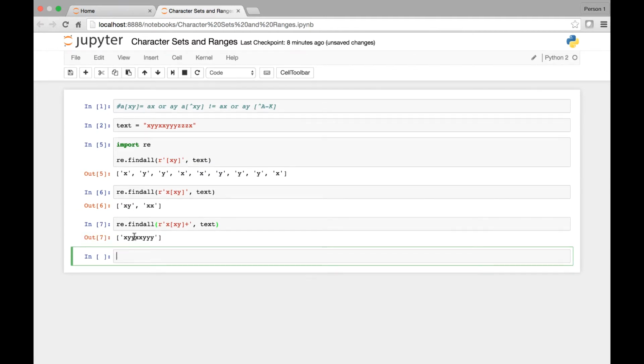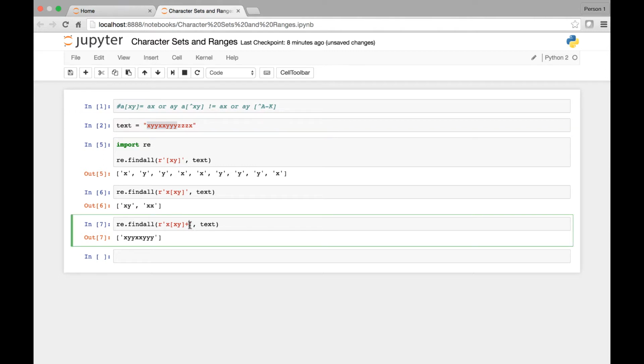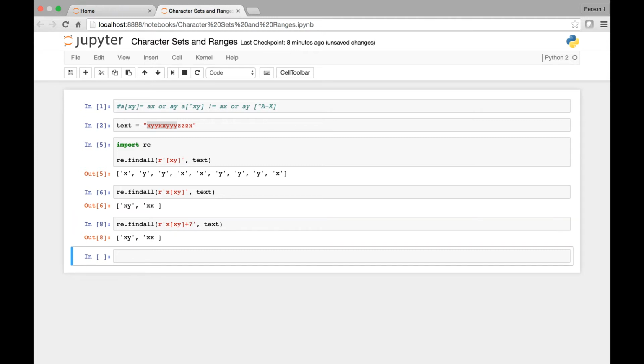So I got X, Y, Y, Y, Y, all of this, right? Since it's X followed by one or more X or Y. So this is greedy, right? And if I want to change this to non-greedy, I can pass a question mark, then run it. So I got XY and XY.